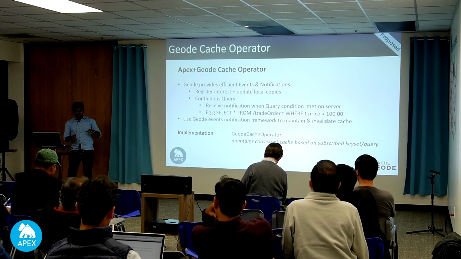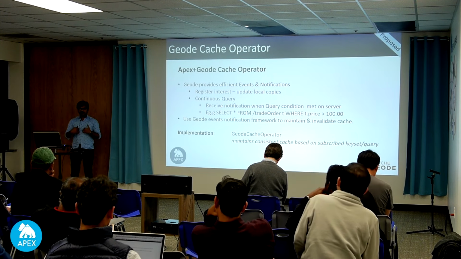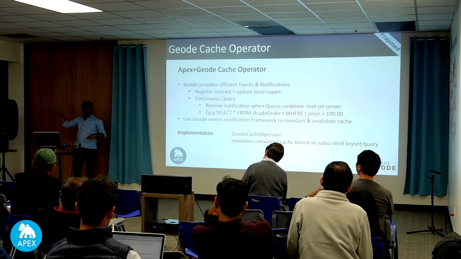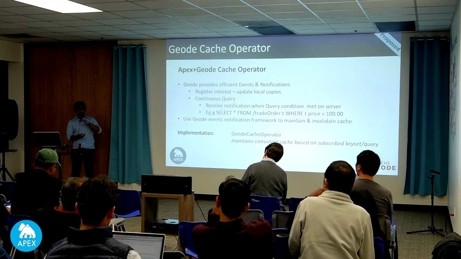Geode already has a function where, like MapReduce, you can ship your computation to the data itself. Geode nodes not only act as a data store, they act as computation as well. So you have that small piece of UDF which goes to a Geode server, gets run there, and the results get combined and sent back to the application.